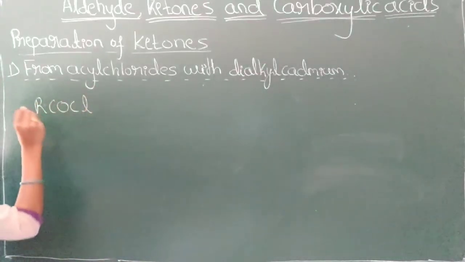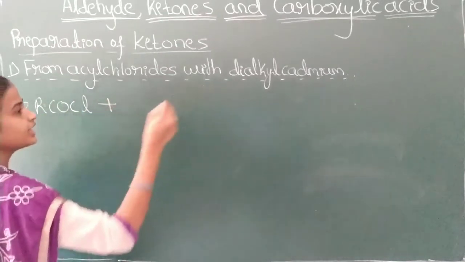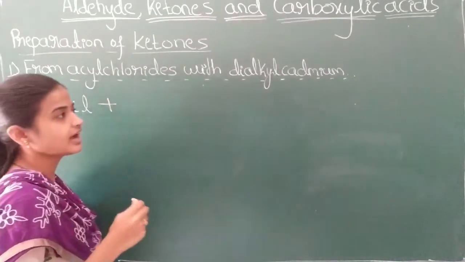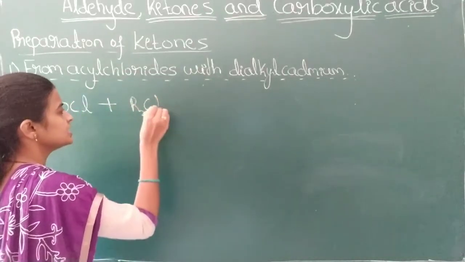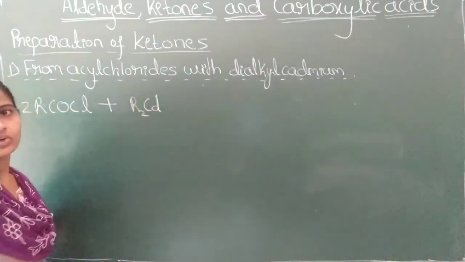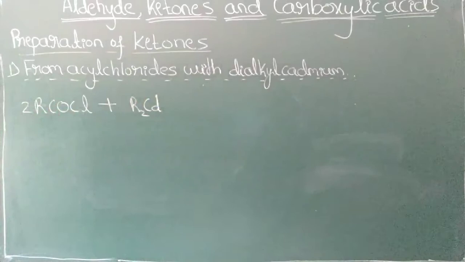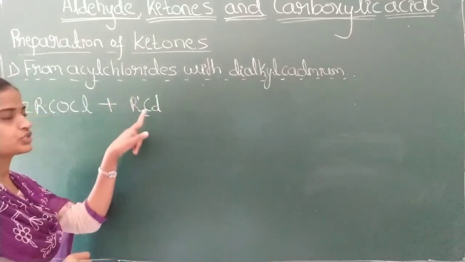RCOCl is called acyl chloride. 2 RCOCl, when treated with the dialkyl cadmium, R2Cd, to differentiate these two, I will write R dash.